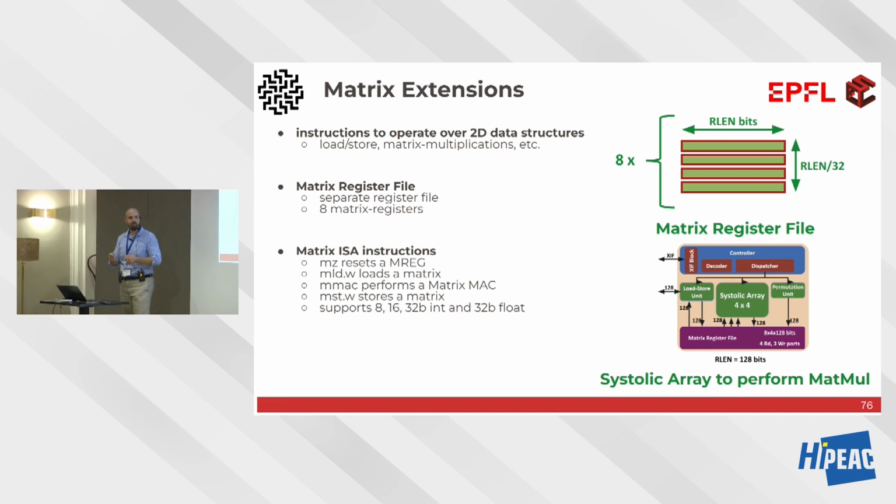And then when you do MAC, the systolic array reads the register file, matrix A, matrix B, and matrix C, A times B plus C, and then the result goes back. You can also do matrix multiplication only without the accumulation, of course. Then what else? Yeah, you load them, you store them, and then you can do element-wise additions, subtractions.